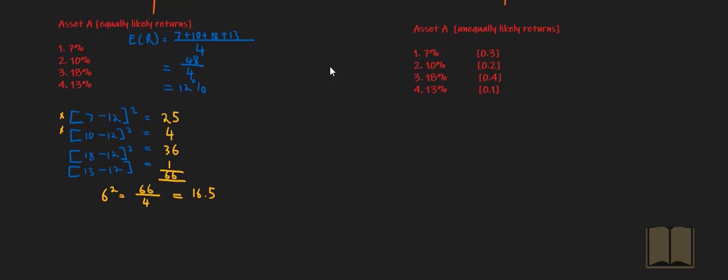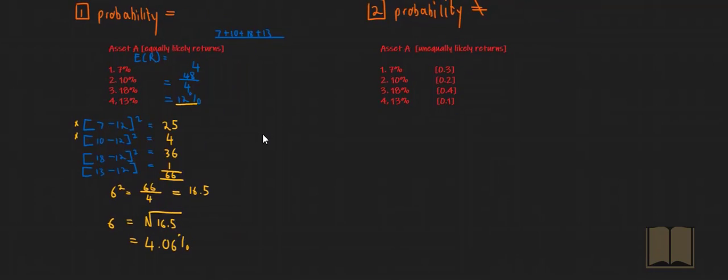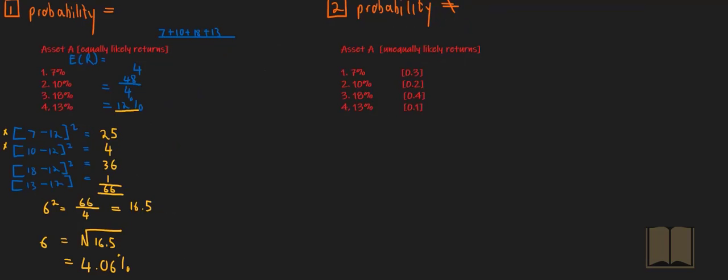So the standard deviation is simply just the square root of your variance of 16.5, and that gives you 4.06%.